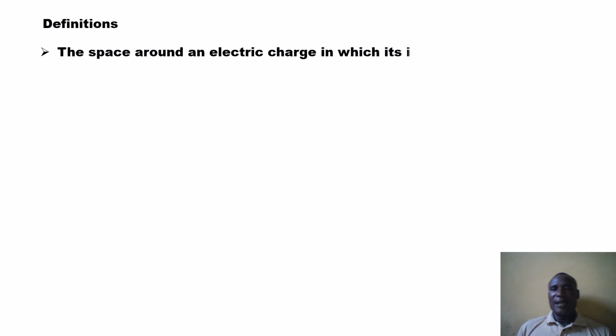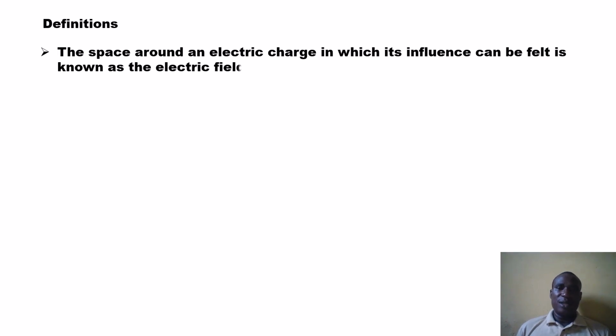The first thing we are going to explain is electrical field, or electric field. The space around an electric charge in which its influence can be felt is known as electric field. Let's quickly make an example of a magnet. You know what a magnet is.